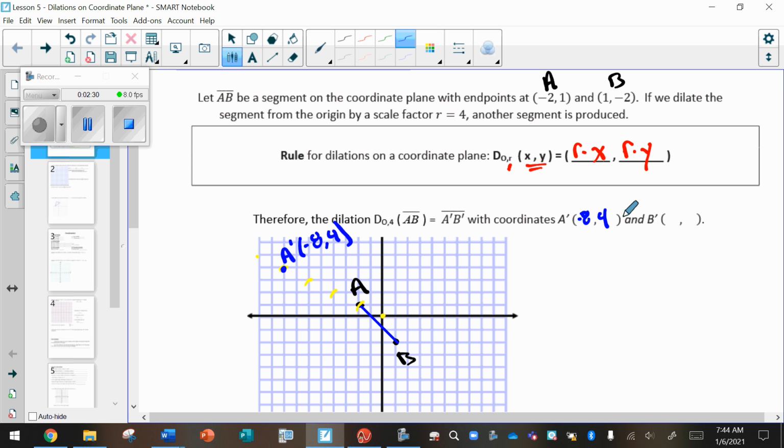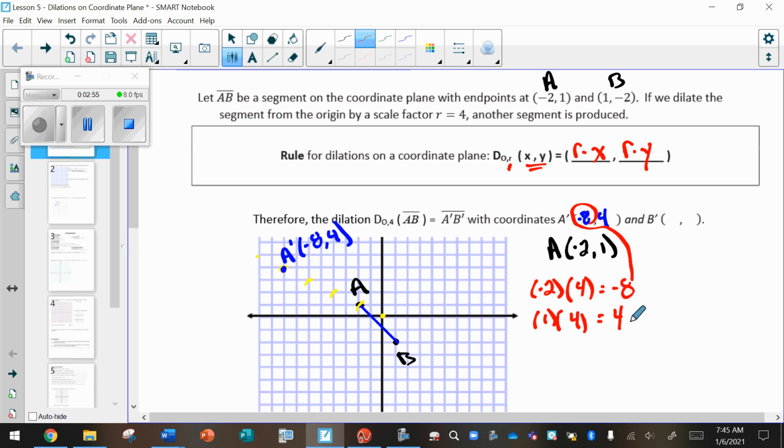Comparing that to the original coordinates for A, (-2, 1), the scale factor of 4 took the original x coordinate of -2, multiplied it by the scale factor of 4, to get the new coordinate of -8. And the y coordinate of 1 times the scale factor of 4 gives you the new y coordinate of 4.